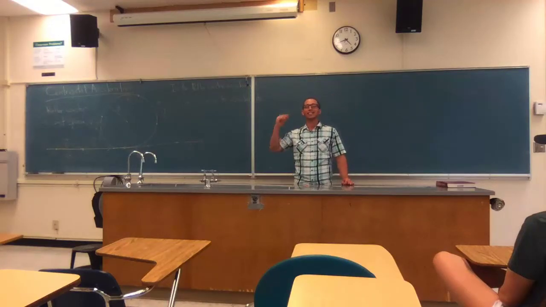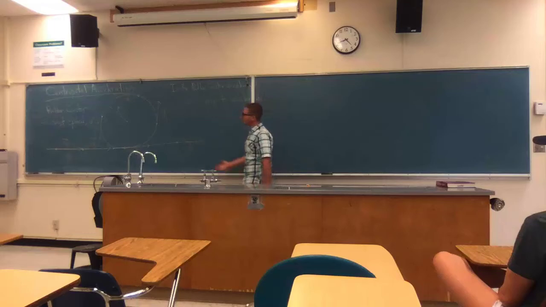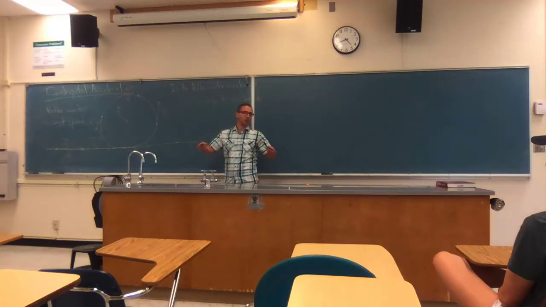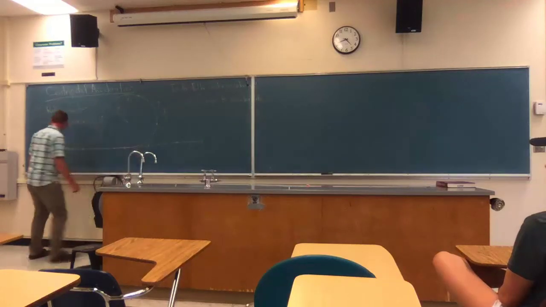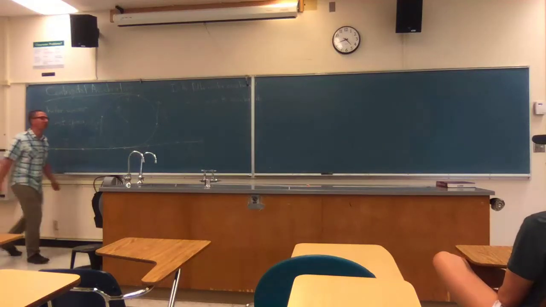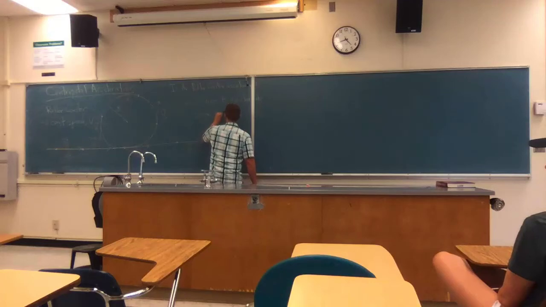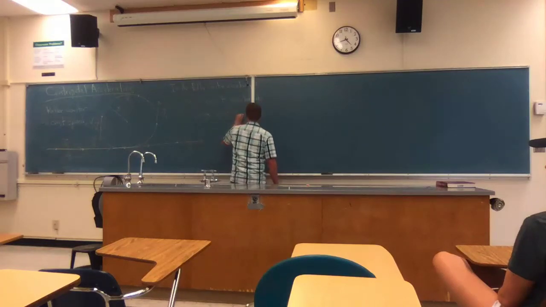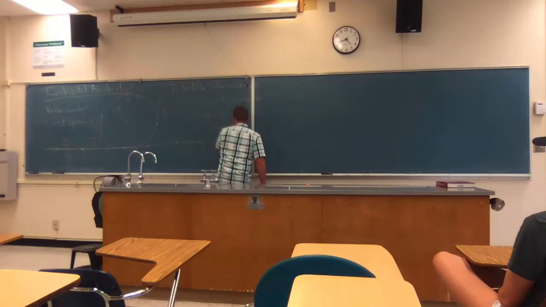Now when an object's accelerating, there's two ways that acceleration happens. Either you're changing the, what does the force do? If it acts parallel to the direction of motion, it causes the object to change its speed. So it either can change its speed, or change direction, yes. Change direction.